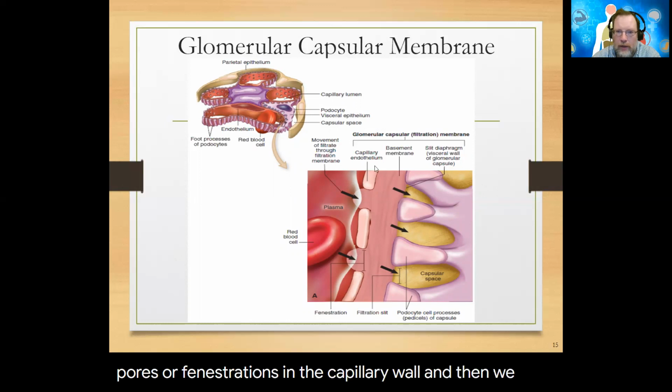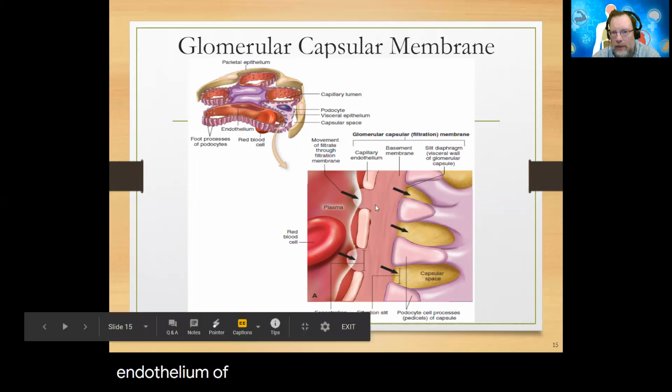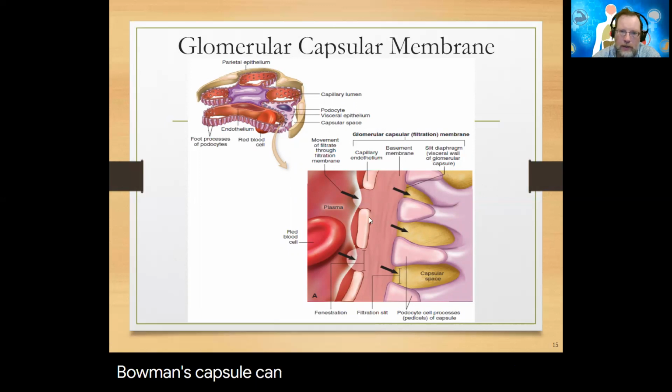And then we have this basement membrane that's connecting the endothelium of the capillary and the capsule itself, the Bowman's capsule. Okay, so we see the endothelium of the Bowman's capsule and the endothelium of the capillary linked by this basement membrane.